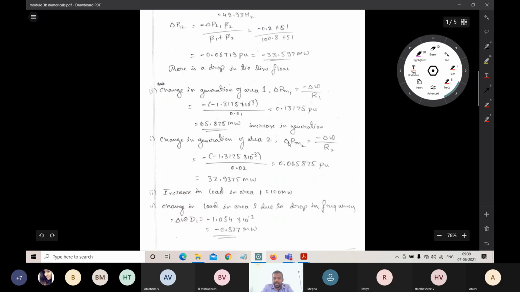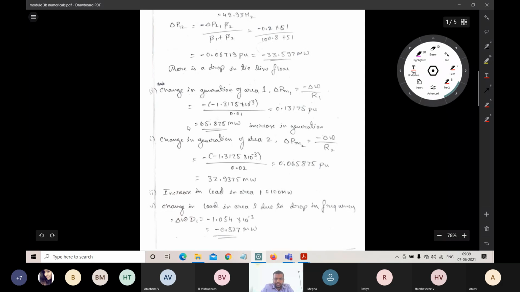Change in generation of area 2: since the load increased in area 1, we generate in area 1, and similarly, because the different control areas are interconnected, area 2 is also affected, the generating units in area 2. That will be given by minus delta omega by R2. Delta omega we calculated, substitute R2, so that will be 32.9375 megawatt.